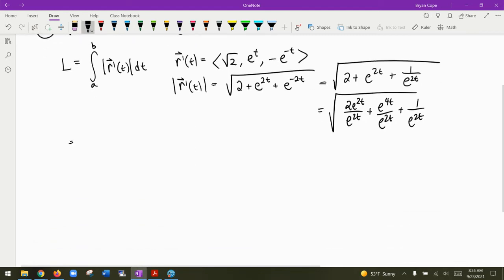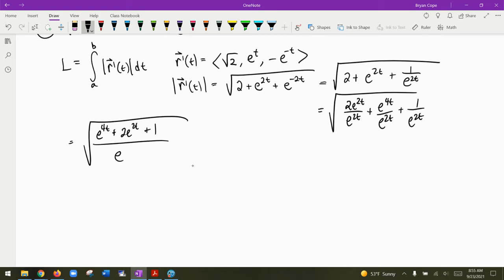So we've got the square root of e to the 4t plus 2e to the 2t plus 1 over e to the 2t, which gives us the square root of e to the 2t plus 1 squared over e to the 2t, which when we square root is e to the 2t plus 1 over e to the t.